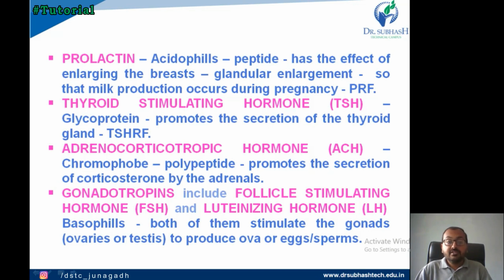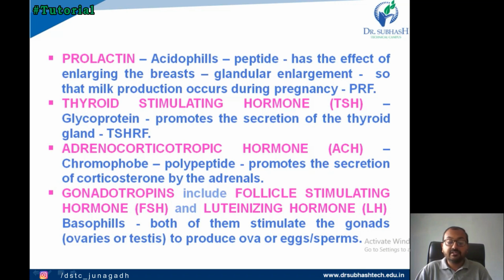Next is adrenocorticotropic hormone, that is ACTH. Basically, they are released from chromophobe cells, so it won't have any stain. Basically, polypeptides in nature. It promotes the secretion of corticosterone by the adrenals.